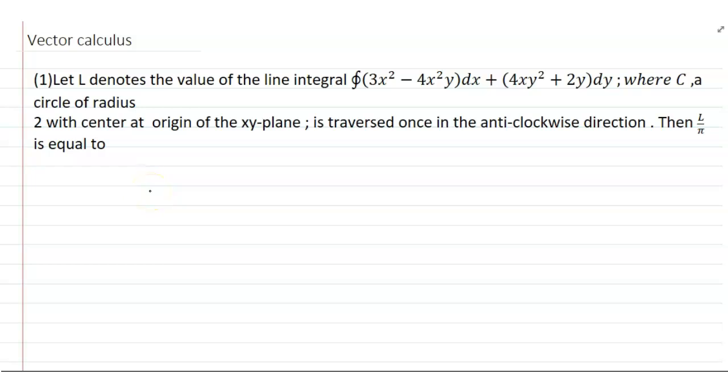Today I want to discuss a vector calculus problem. The first problem is: let L denote the value of the line integral ∮(3x² − 4x²y)dx + (4xy² + 2y)dy, where C is a circle of radius 2 with center at the origin of the xy plane, traversed once in the anti-clockwise direction.